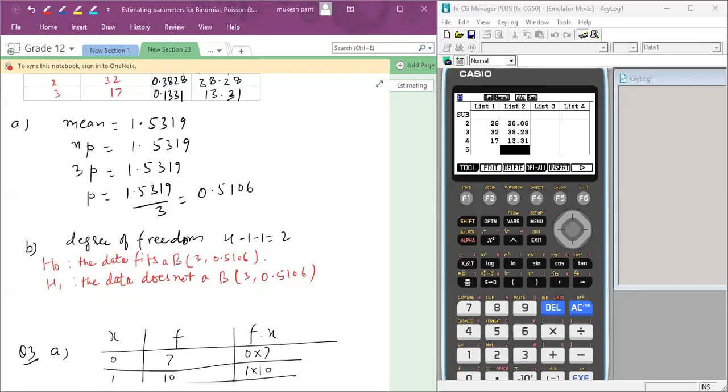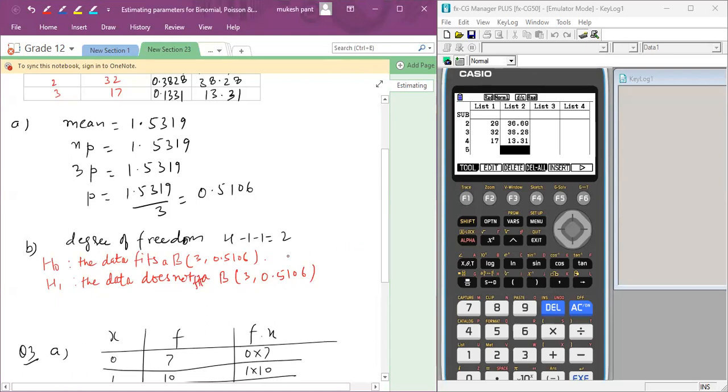Okay guys, in part B we have to perform a hypothesis chi-square GOF test. H0: the data fits a binomial distribution where n equals 3 and probability of success is 0.5106, and H1: the data does not fit a binomial distribution.